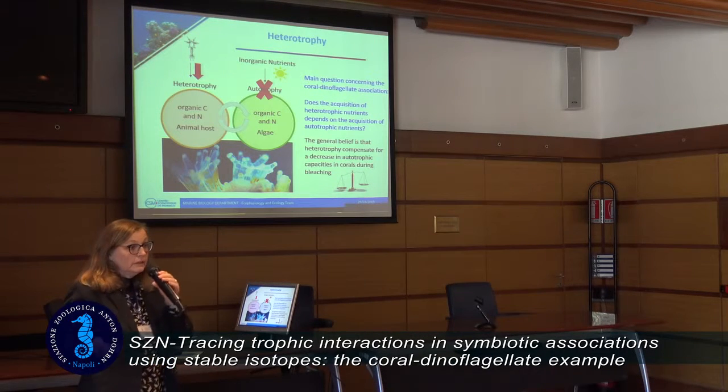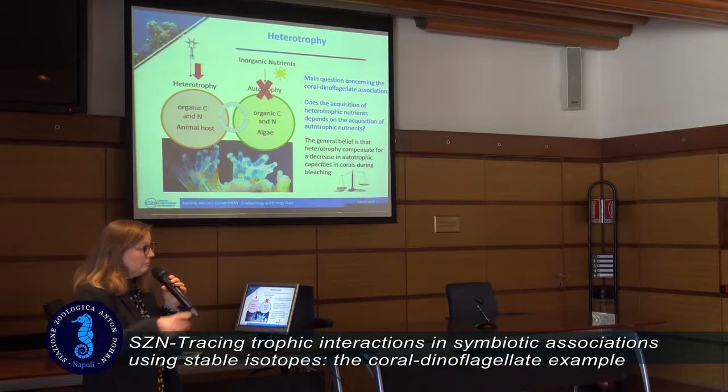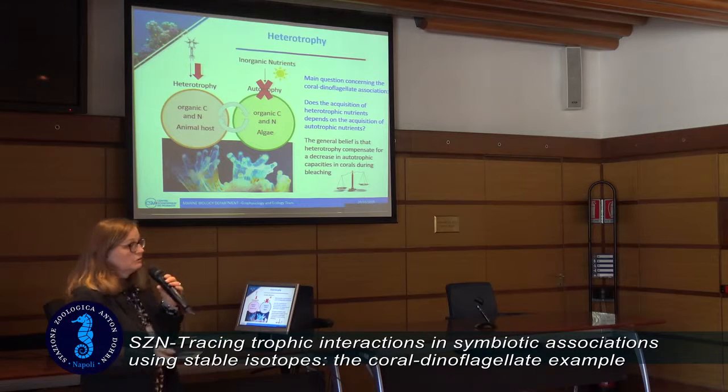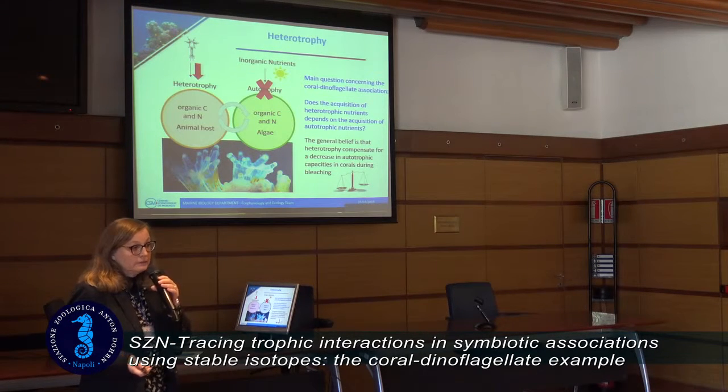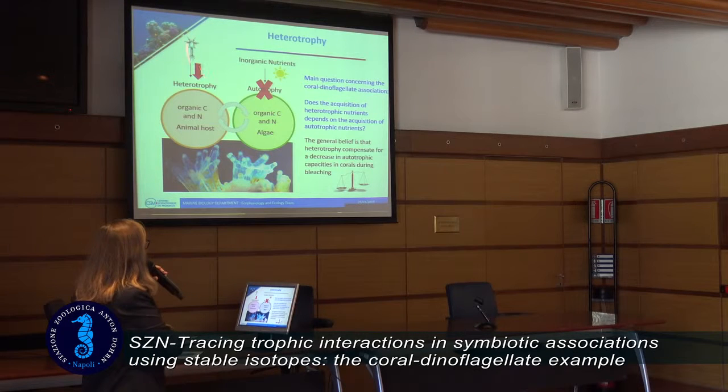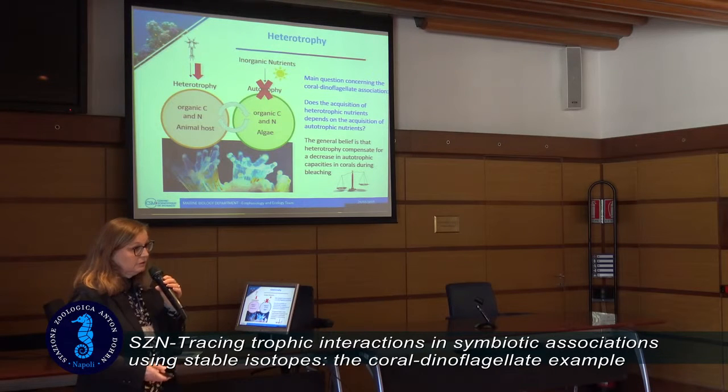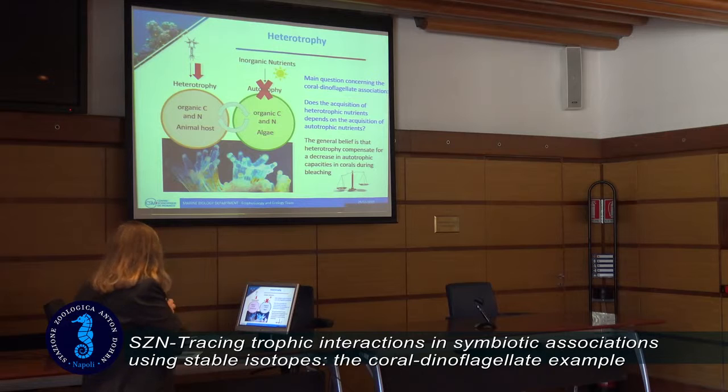And there is a balance like this between autotrophy and heterotrophy. So this is the general belief, and this is the hypothesis we wanted to test. If indeed this flux is increased when this flux is decreased in corals. Okay?